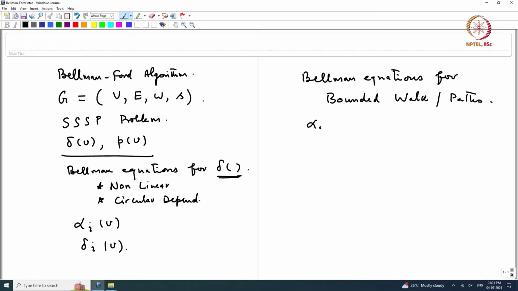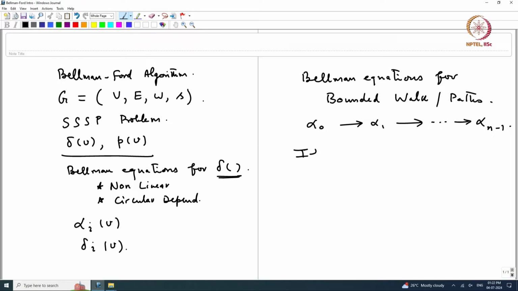So, we have alpha 0 for all vertices, using that alpha 1 for all vertices, and finally we will end up with alpha n minus 1 for all vertices. This is an iterative process, and that is what the Bellman and Ford algorithm is going to carry out. Basically, the Bellman and Ford algorithm will keep computing the alpha values.